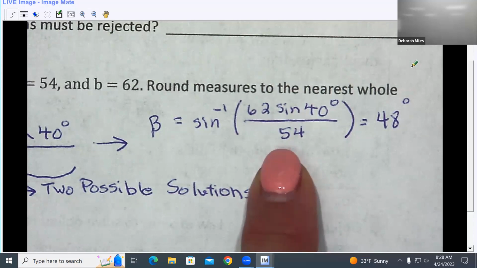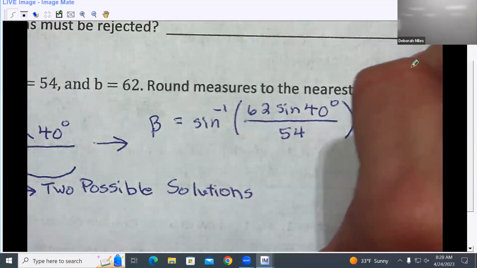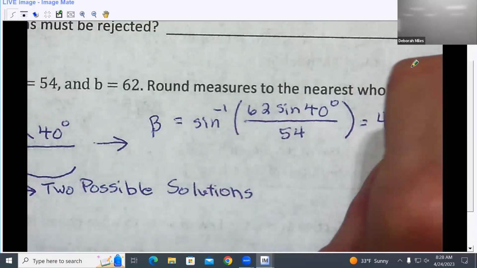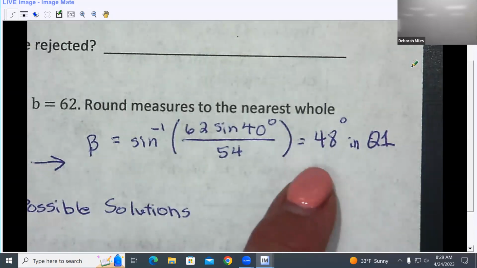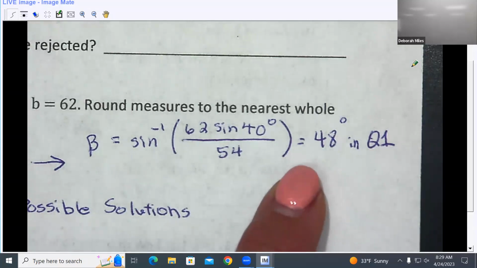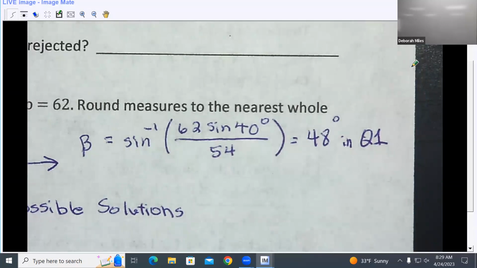The other quadrant where sine is positive is quadrant 2. So I have this first quadrant angle. In quadrant 1, how do I find the quadrant 2 possibility?